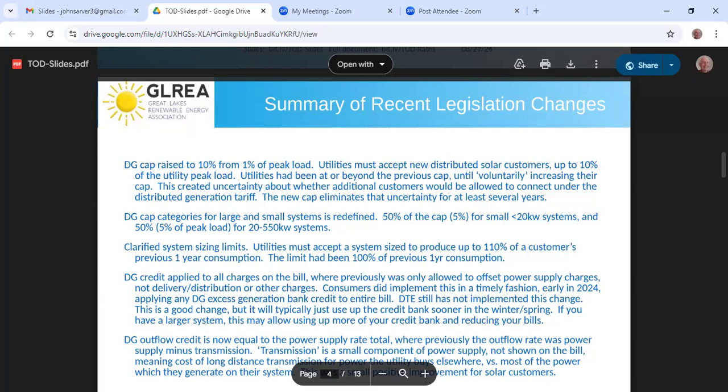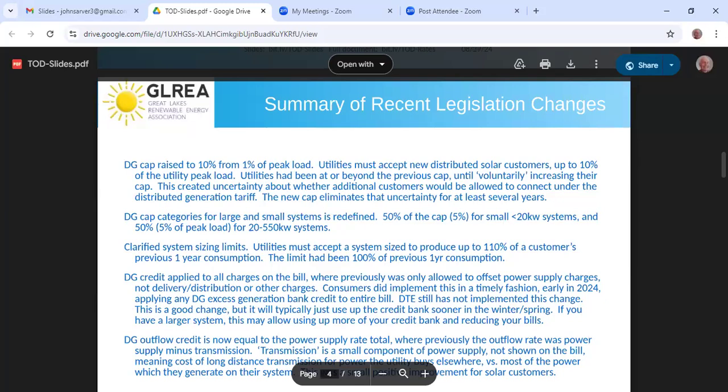There was a minor change, not so much in the legislation, but how one of the last rate cases turned out maybe. They now give credit for the full power supply rate, where previously they would subtract off a little bit, which was for transmission, which is long distance transmission.